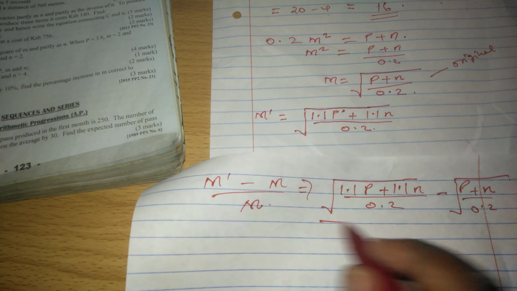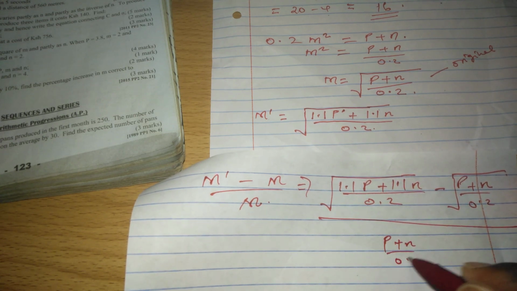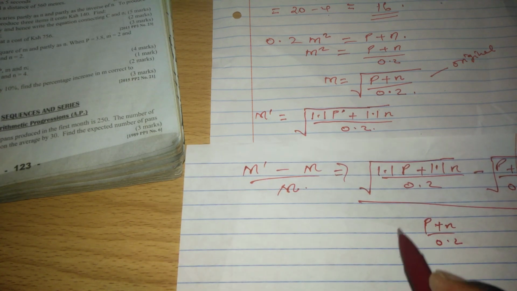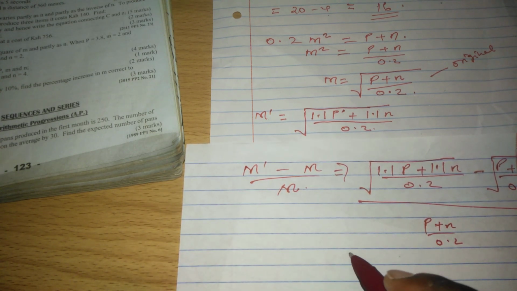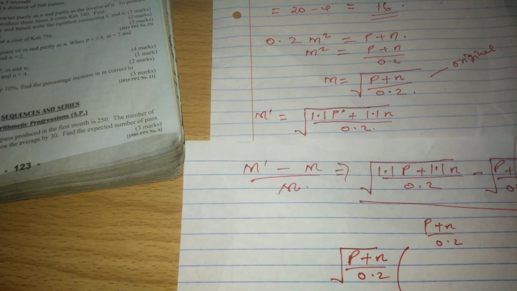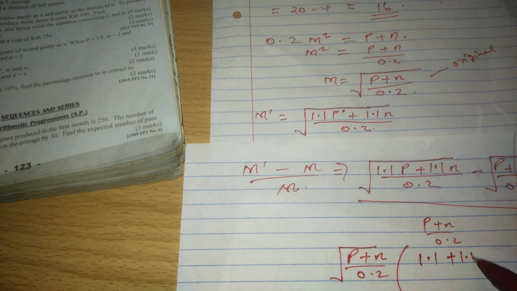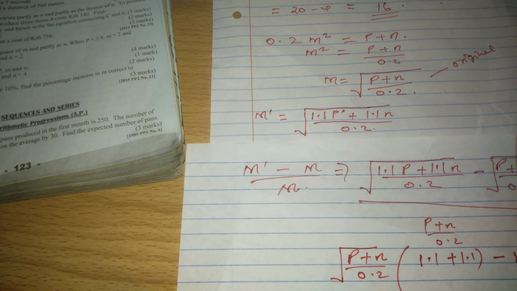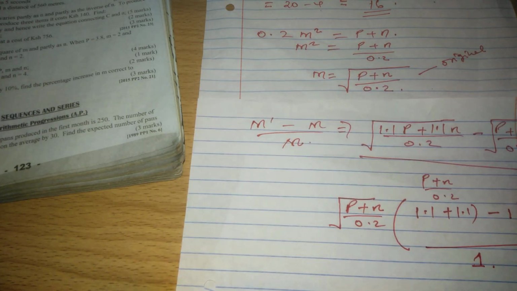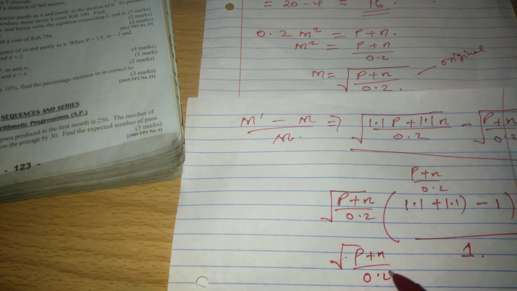Then we divide with the square root of P plus N out of 0.2. And this means now we can take out the square root of P plus N out of 0.2. And this will leave us with 1.1 plus 1.1, then minus 1, and everything divided by 1. Because we have the square root of P plus N over 0.2 also factored out in the denominator.